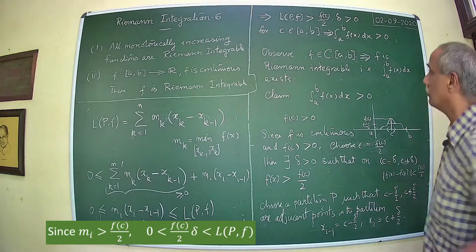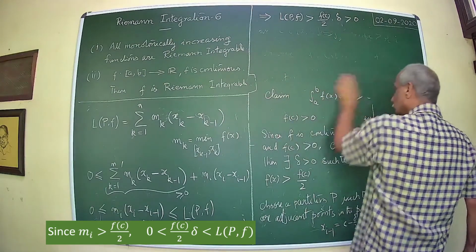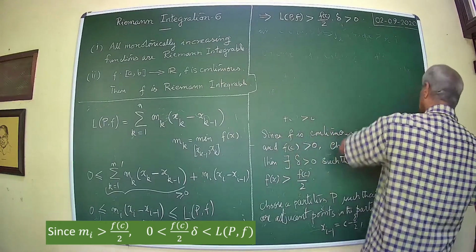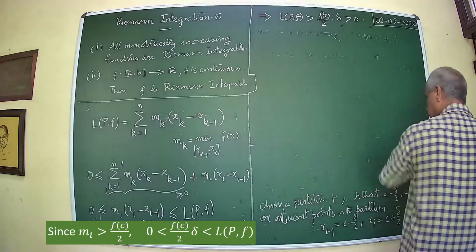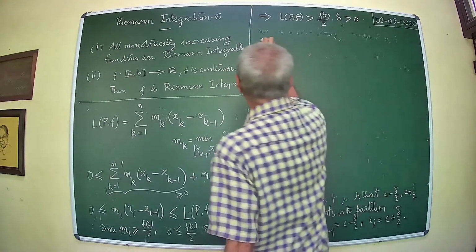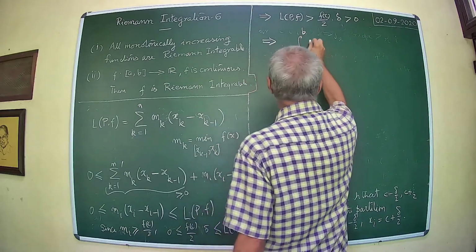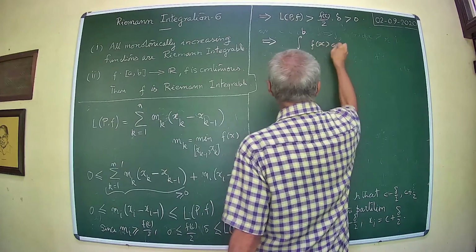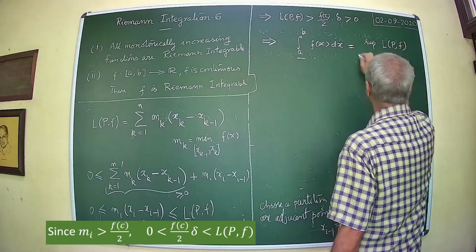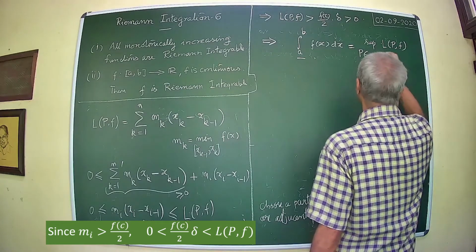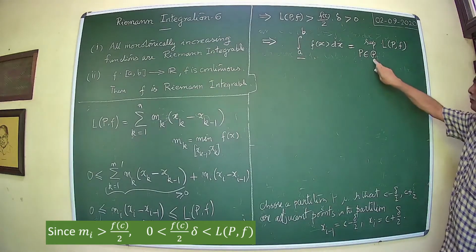So what can you do now? What else will you find? You take the least upper bound of L(P,f) over the partitions P from all partitions.